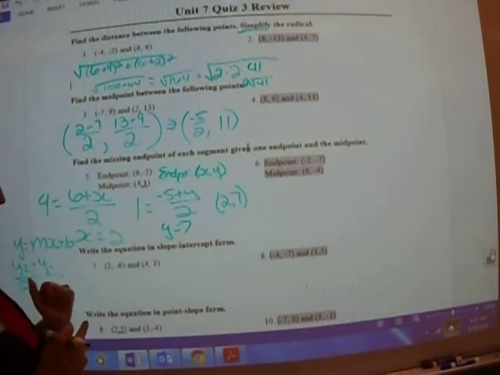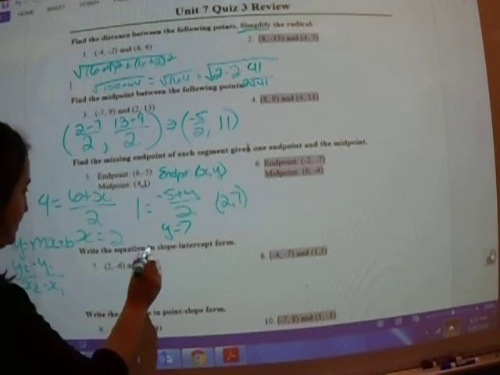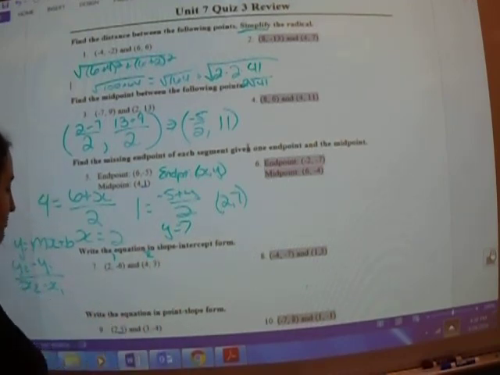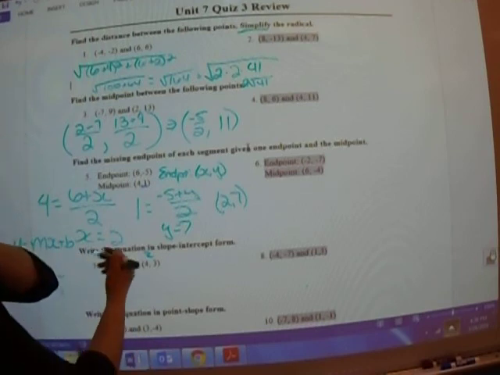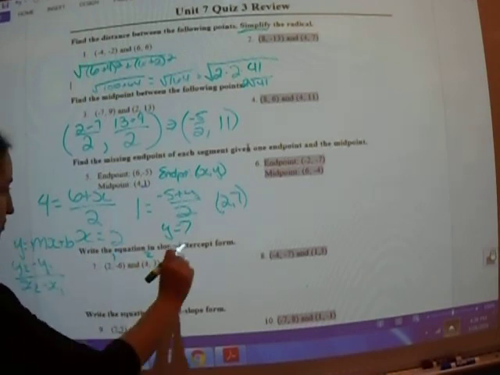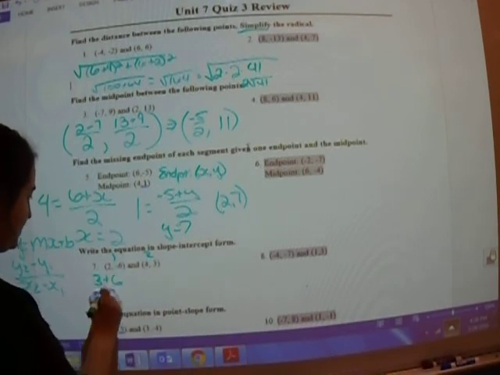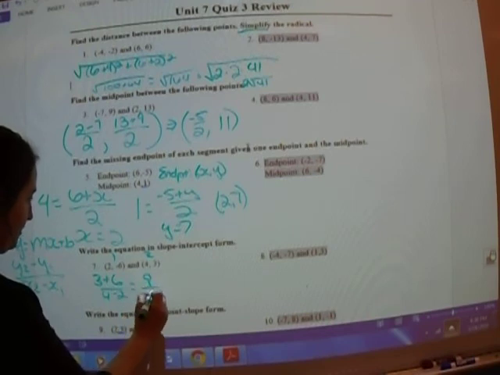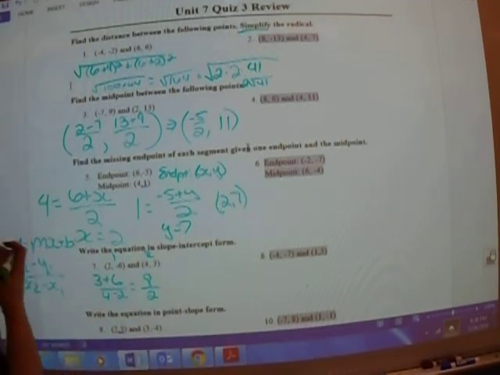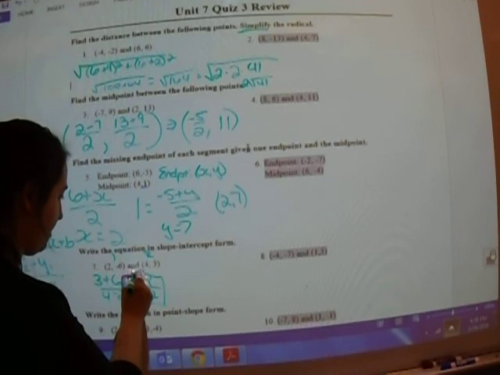So it doesn't really matter. I'm going to pick this as my 2 and this as my 1. So I'm going to do 3 minus -6, so 3 plus 6, over 4 minus 2. I end up with 9 over 2, right? So this is my slope, that's my m.